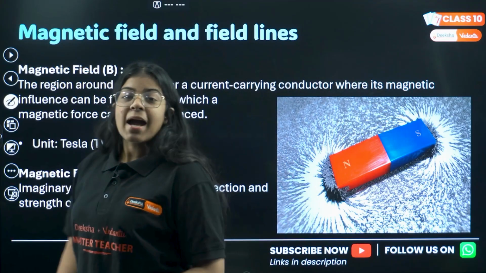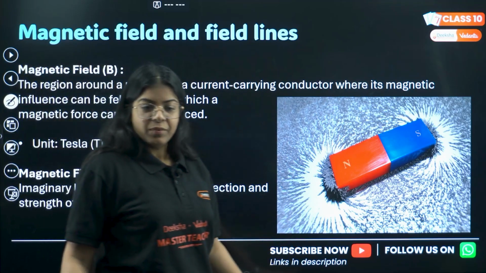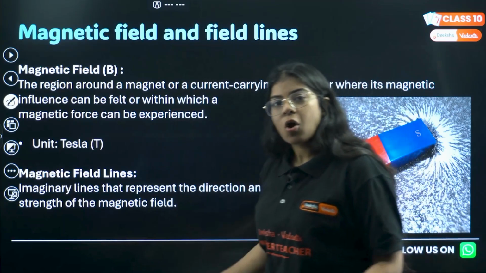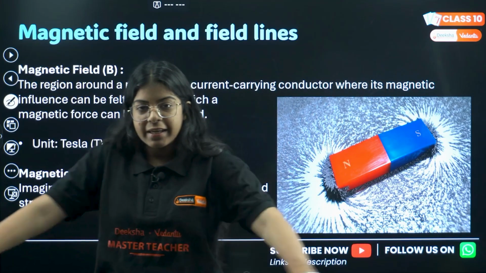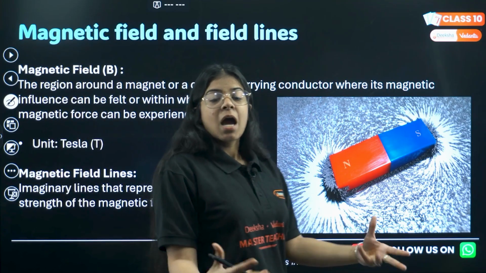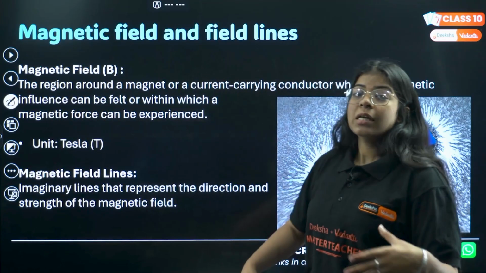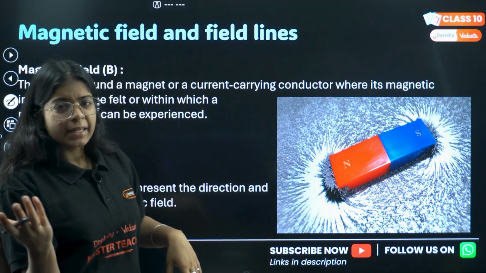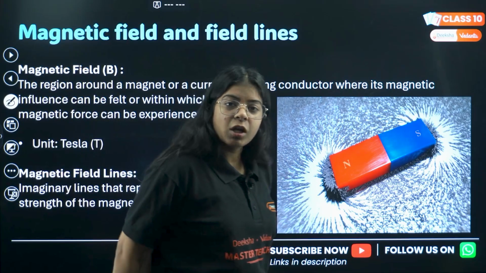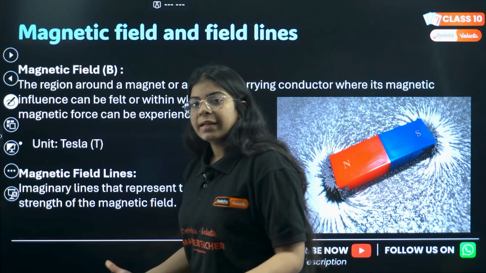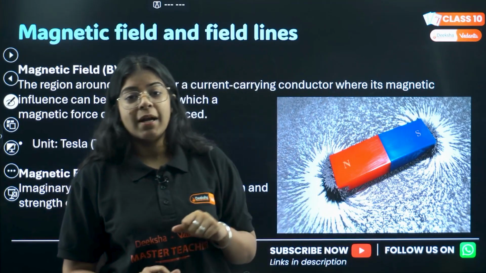Similarly, our magnets have an area around them. They have an aura around them, and in that field of area only will they be able to attract or repel another magnet. Or we studied that it attracts iron, cobalt, nickel. So in that particular area, it will only attract or repel the magnet or the iron filings or cobalt.